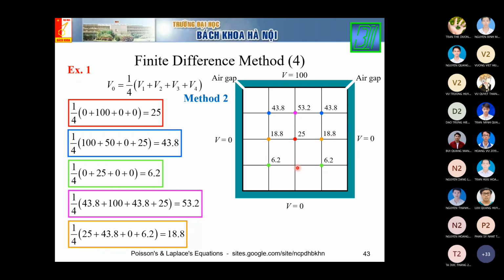And the last point here will be 25 plus 6.2 plus 0 plus 6.2 over 4. Okay, and finally got this. Any question?